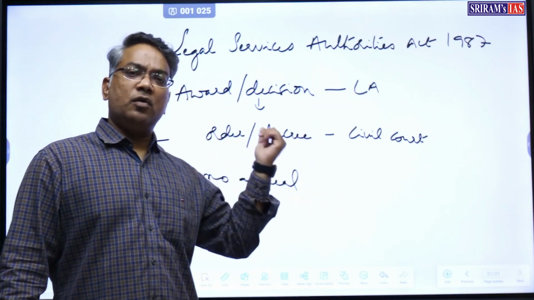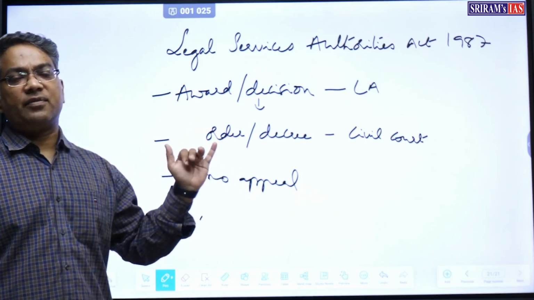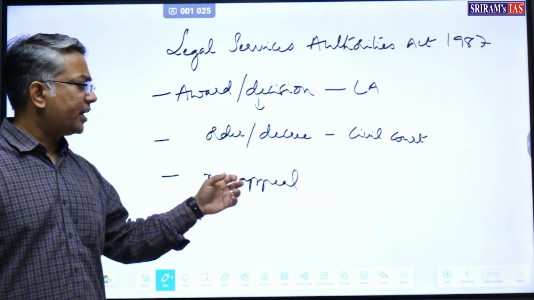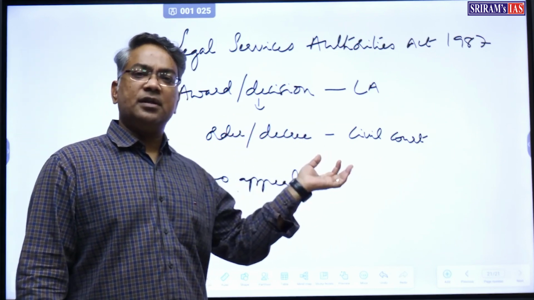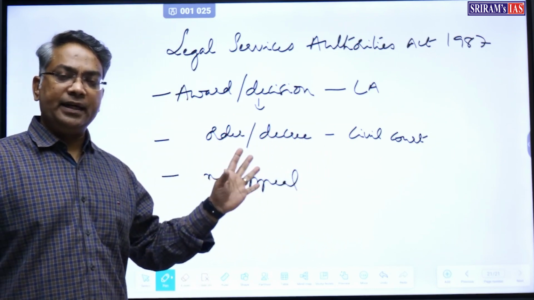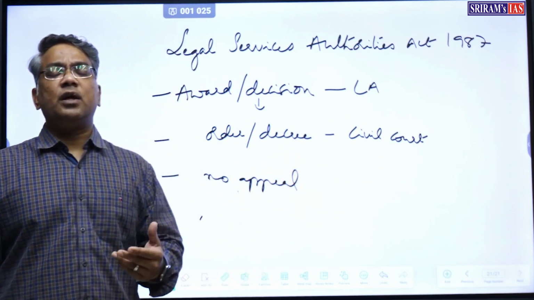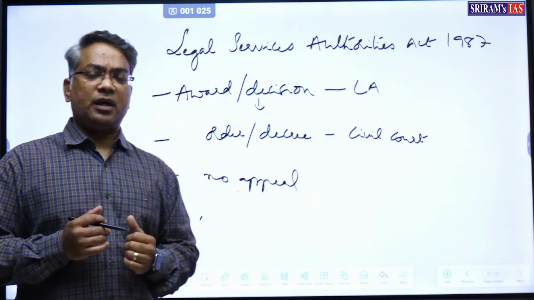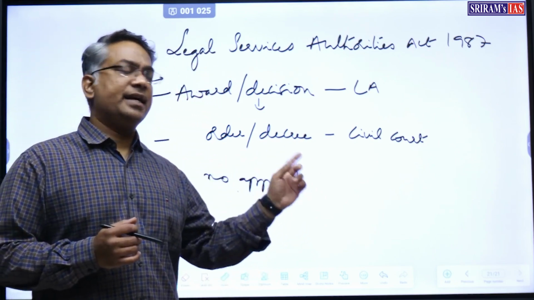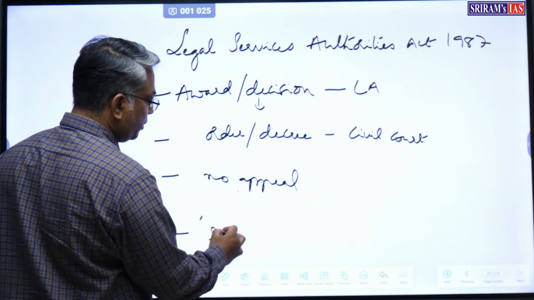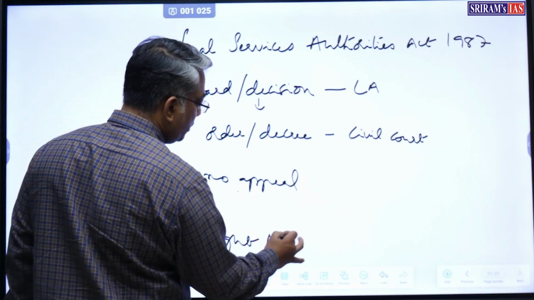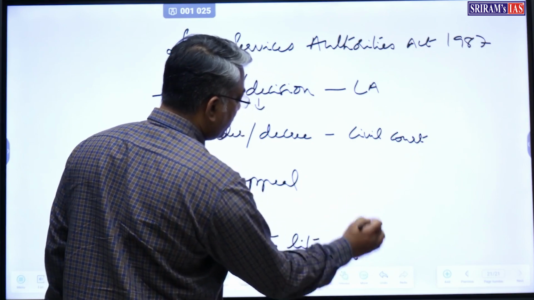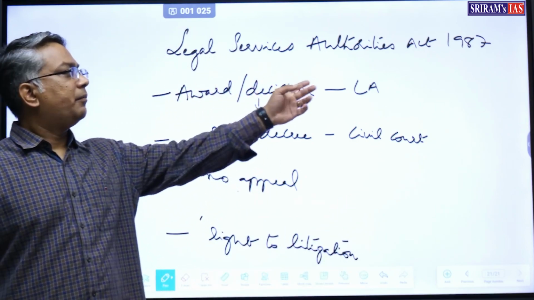Okay. So, if the parties are not satisfied with the decision of the Lok Adalats, though there is no provision for an appeal against the decision, the parties are free to litigate before the court of appropriate jurisdiction by following the required procedures in the exercise of the right to litigation.